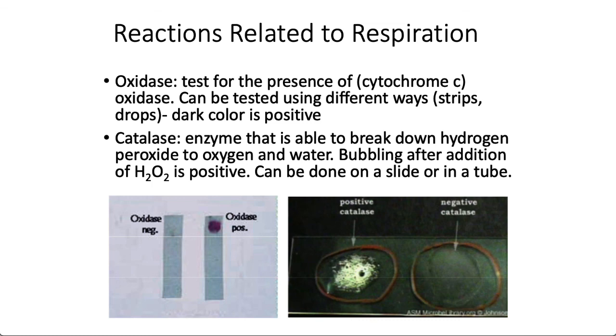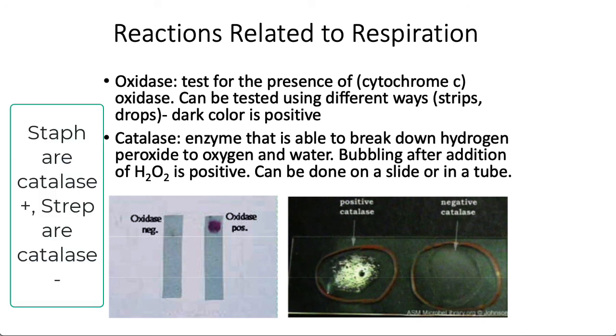So it's very useful for two. Let me see if it's in the next slide now. So when you are looking at Staphylococcus versus Streptococcus, they are both cocci, so they are round. They are different in how they look and their arrangements, but one very simple way to know if it's staph or strep is with catalase.